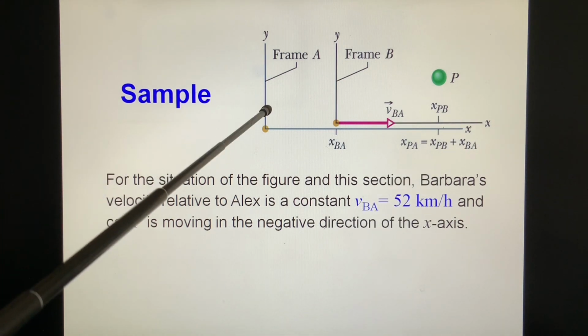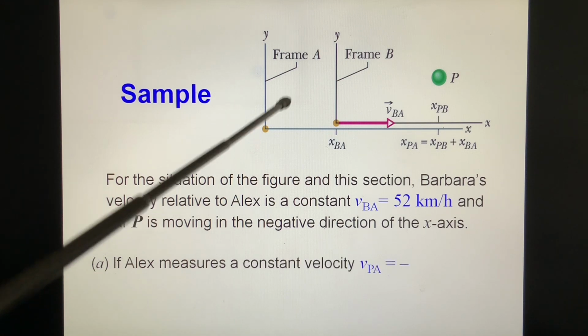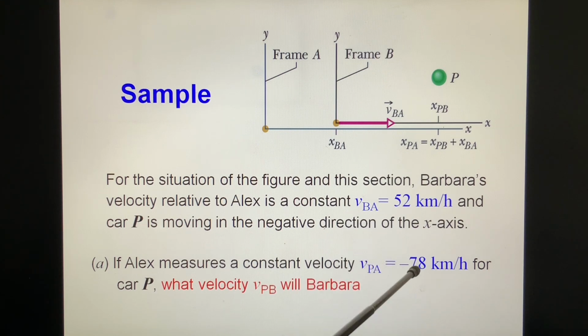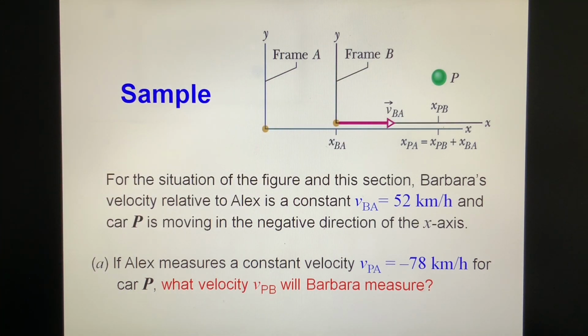Question A. If Alex measures a constant velocity VPA of minus 78 kilometers per hour for car P, this one looks minus direction. What velocity VPB will Barbara measure? VPB is the velocity of car P in frame B.